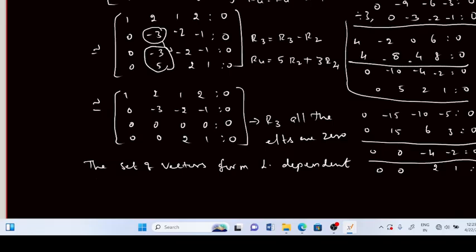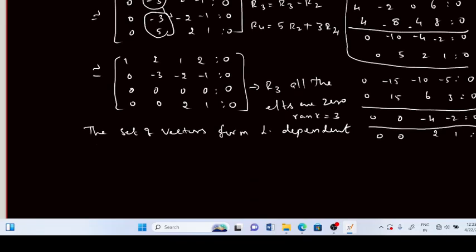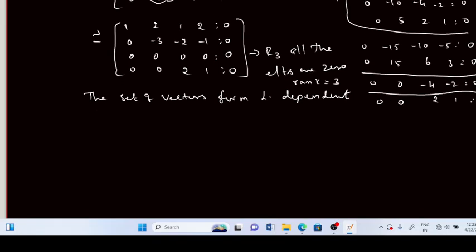Why? Because the rank is 3, meaning we get only 3 nonzero rows. The modified matrix is: 1 2 1 2 0; 0 -3 -2 -1 0; 0 0 2 1 0; 0 0 0 0 0.